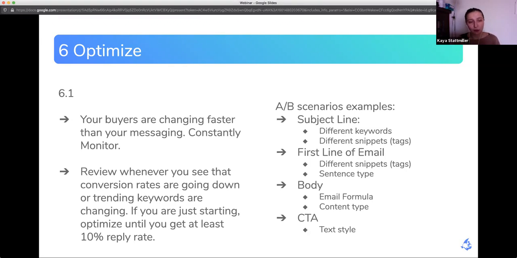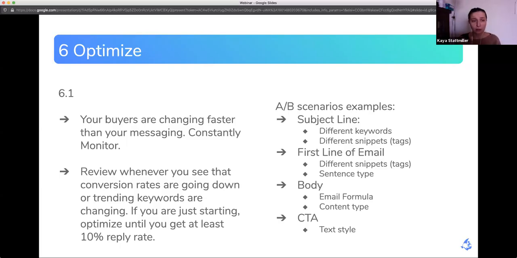Based on whether the keywords are changing or the conversion rates are going down, you need to adjust your messaging. And if you're just starting, keep optimizing until you get 10% reply rates. And here I put some A/B testing scenario examples.